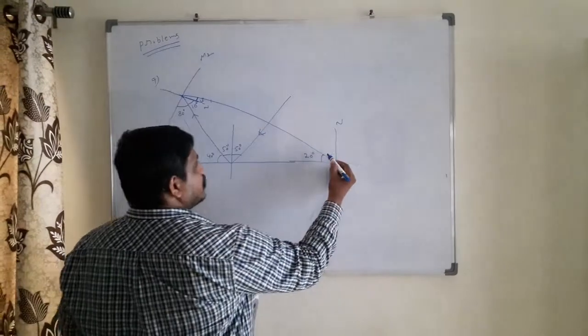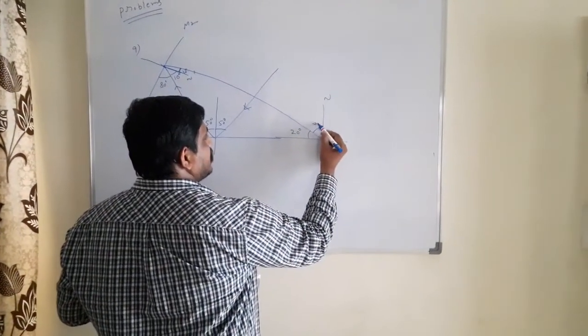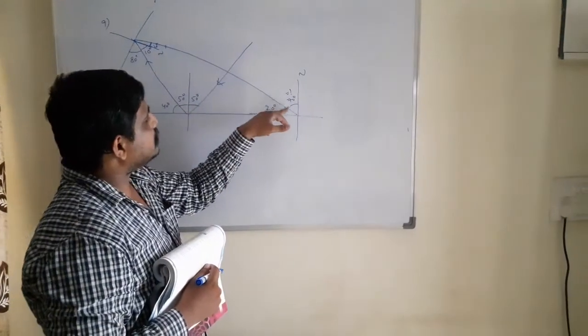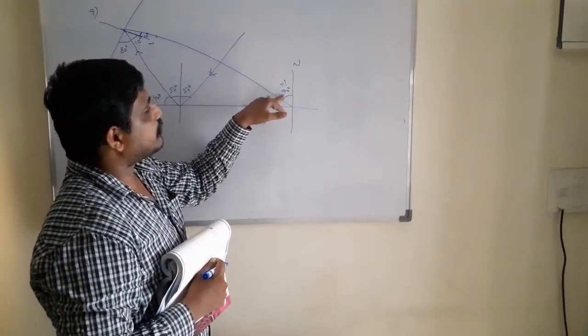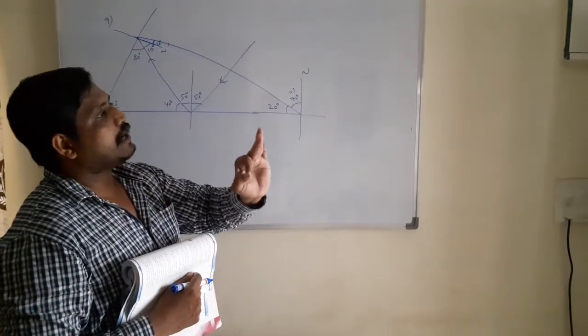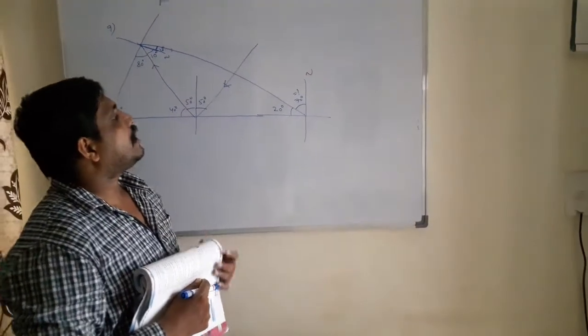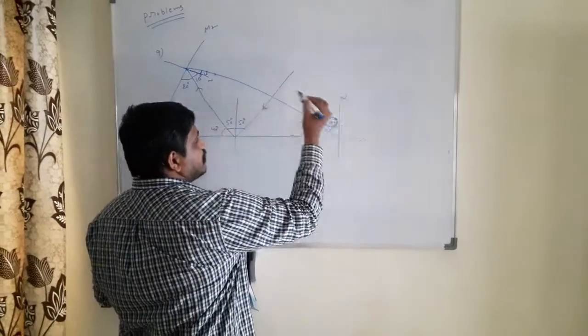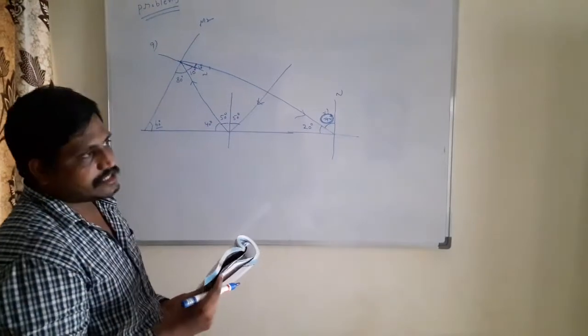Here 20, so automatically this is 70 degrees. What is the angle of incidence here? The angle of incidence is the angle between the incident ray and the normal. This angle becomes 70 degrees. Completed exercise 2.